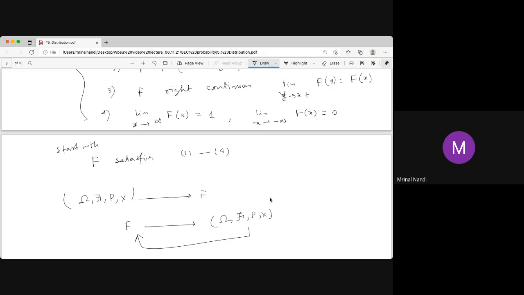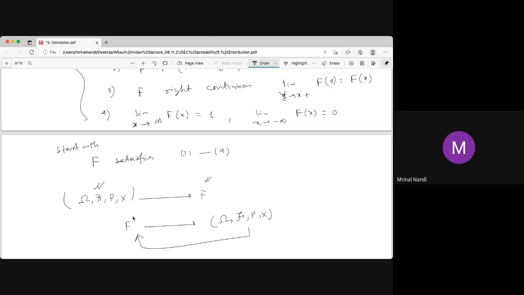Otherwise, I can just say arbitrarily, this is my random experiment. We can always give an example of a random experiment, but we have to prove that if you start with that random experiment, that event space, we end with the same f, and this is always true. The important part is that if you start here, this f is unique. Once you give all these 4 things, this f is unique, but the other direction is not unique.